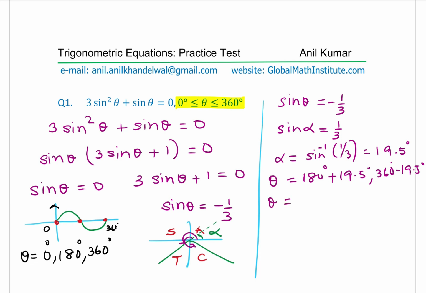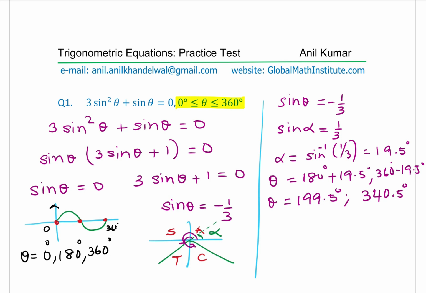So let's find the answer value here. So when you add 19.5 to 180, you get 199.5 degrees. And when you take away, you can take away 20 from here first and then add 0.5, right? So when you take away 20, you get 340.5 degrees, correct? So that is how we could get the angles.